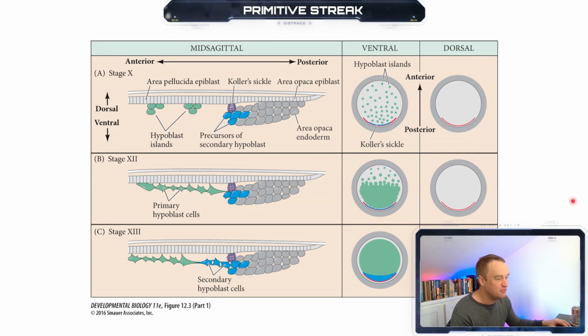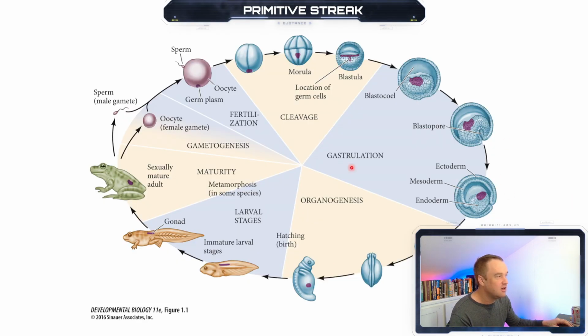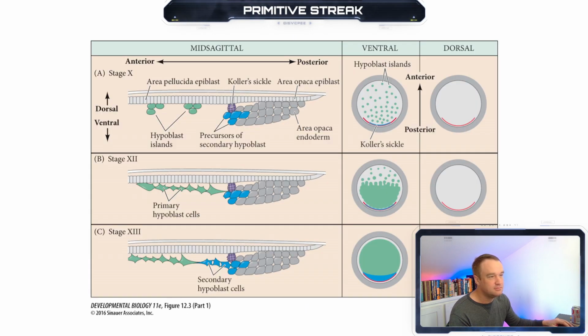If we were to look, let's go back. Where's my pointer? They haven't shed their deeper cells down here, right? So it's kind of this layer going right there. The area pellucida is the part of the blastoderm where the inner cells have detached. So opaca probably comes from being opaque, so darker because it has a layer underneath it.